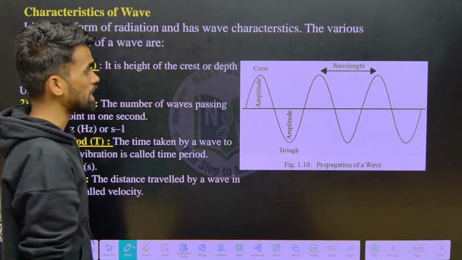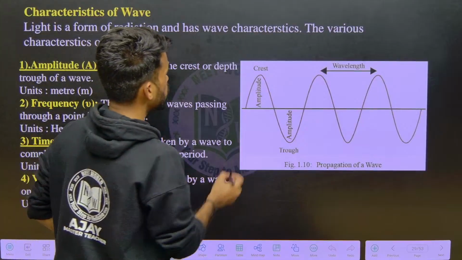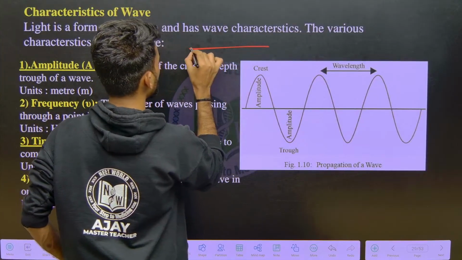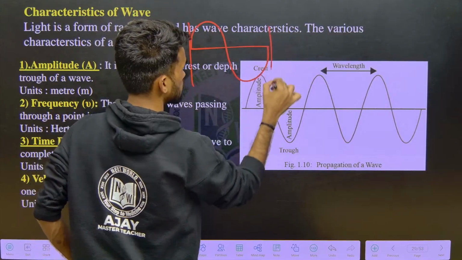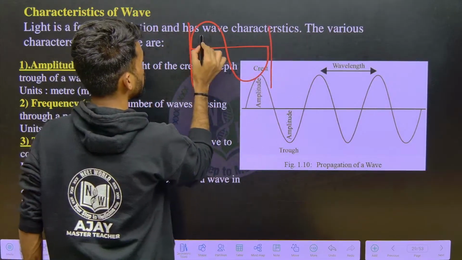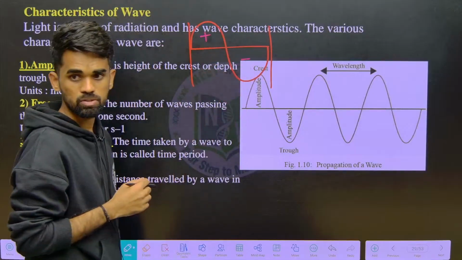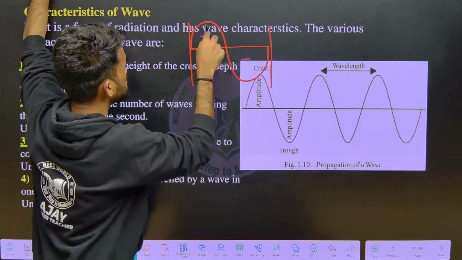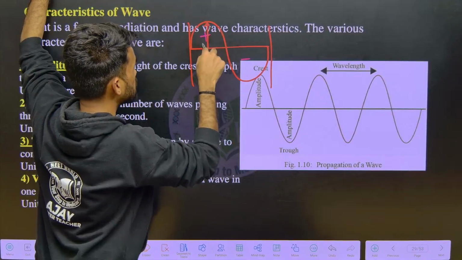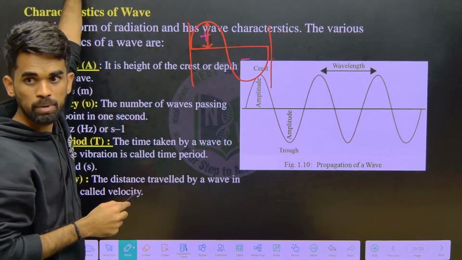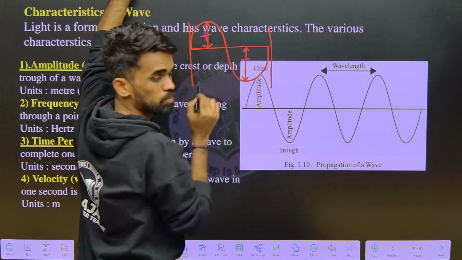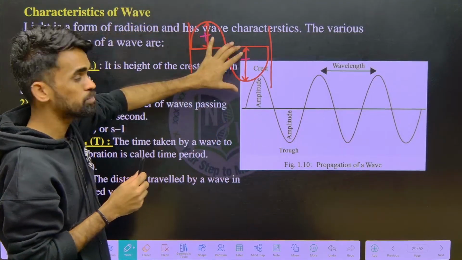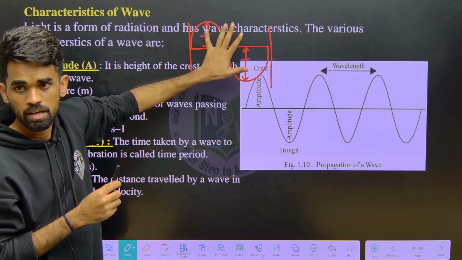So what are the characters of these waves? I hope you know that a wave contains one crest and one trough, so you can indicate positive and negative symbols also. This height is the amplitude, and this depth is also amplitude. The height of a crest or depth of a trough is its amplitude.